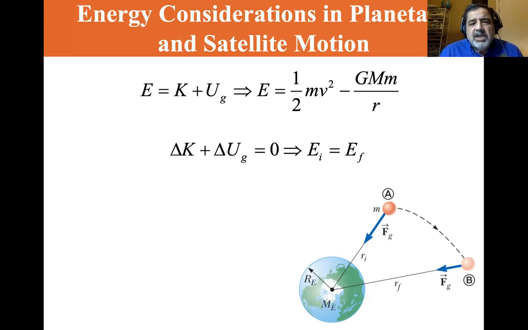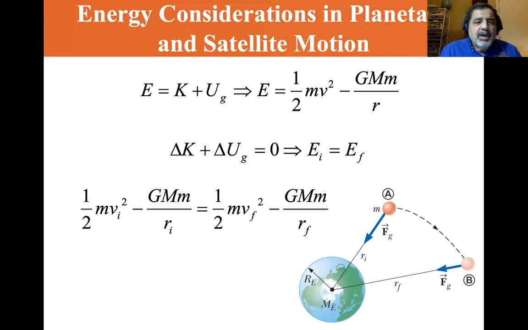So the change in kinetic energy plus the change in potential energy is going to equal zero, which says that the initial energy is going to equal the final energy. So 1/2 mv initial squared minus GMm over r initial is equal to 1/2 mv final squared minus GMm over r final, so the final distance.